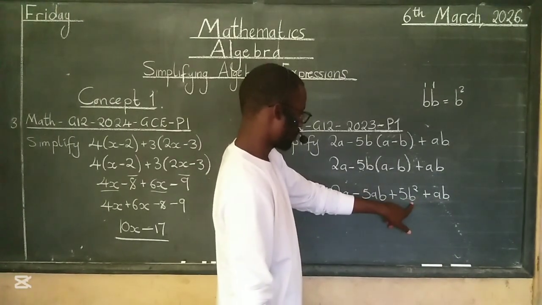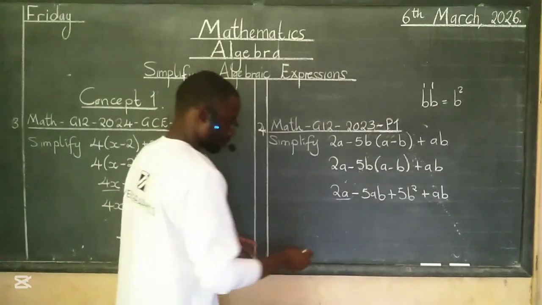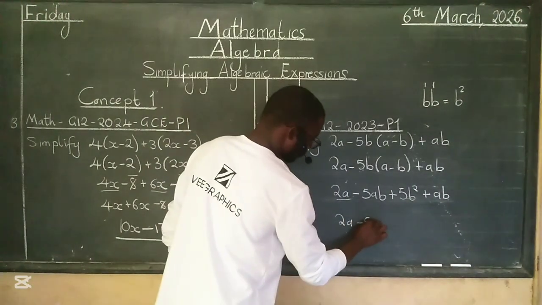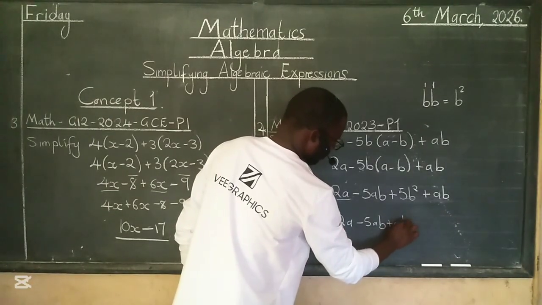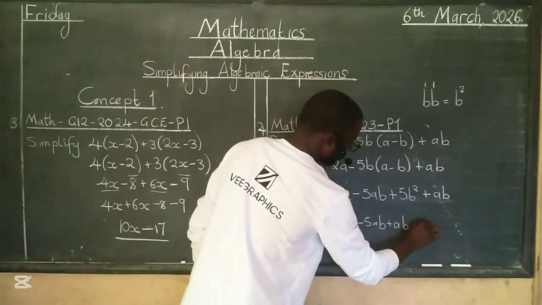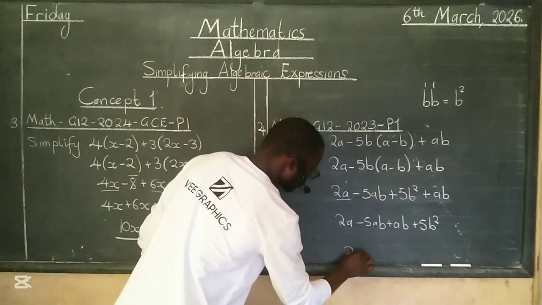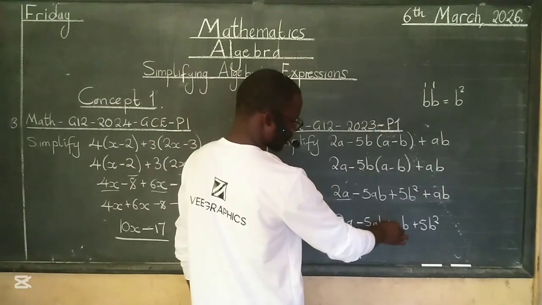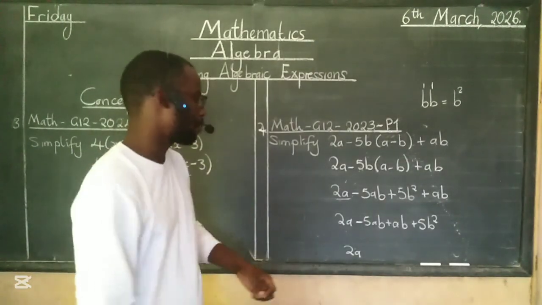Then this is 5b squared. It's not alike, or it's not similar to anything. So here, the only like terms I have are this minus 5ab and this plus ab, plus 5b squared. Then this will be 2a minus 5ab plus ab. Think of ab as an apple.